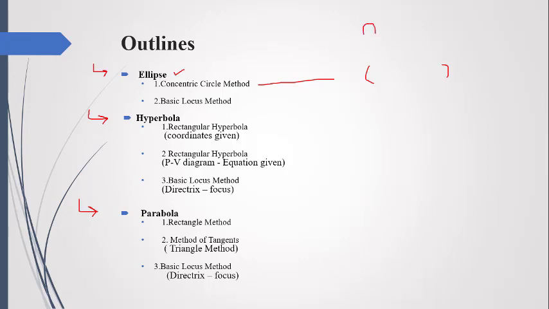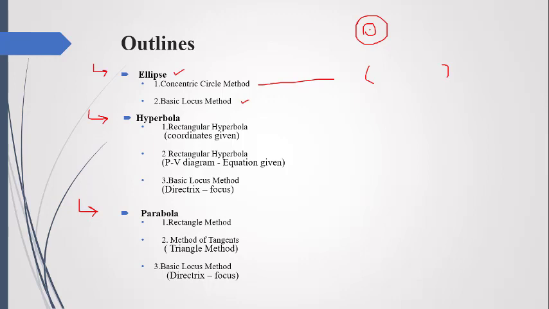Concentric circles means drawing one circle and again another circle having the same midpoint, that is, the center of all the circles will be the same. Such kinds of circles are known as concentric circles. The other method that we will utilize for ellipse construction will be the basic locus method.